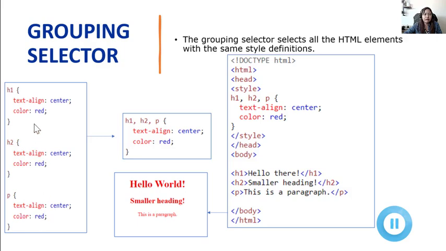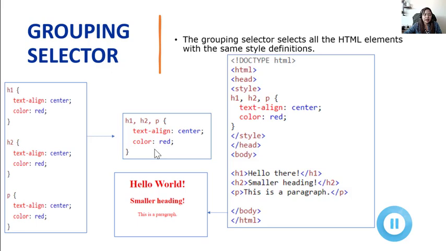So you can actually fuse these elements into the same style definition, and that is by just separating the selectors by a comma. So you have here H1, H2, and P, and then you have your settings.